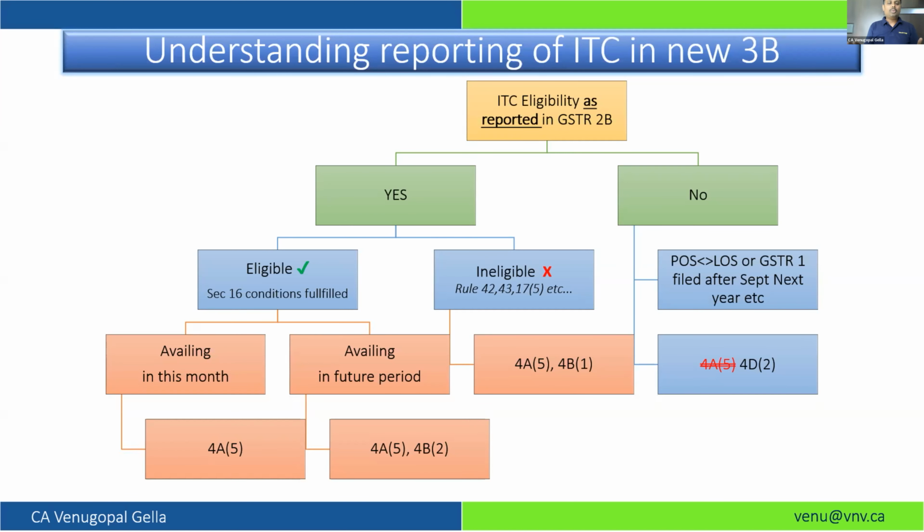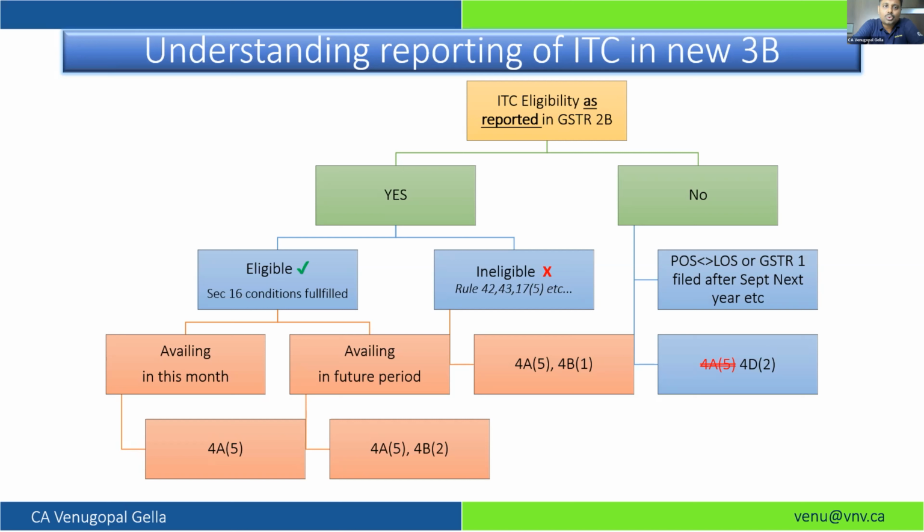So now the government wants to have a detailed understanding under 4A5. What was happening in the audits and assessments? In 2017-18 GST audits, input tax credit reconciliation was being called for, and the most common point that came up was 2A versus 3B. The department used to give a notice: the amount claimed in 3B is 100, the amount appearing in 2A is 80, the differential is 20, you have a liability to pay tax.